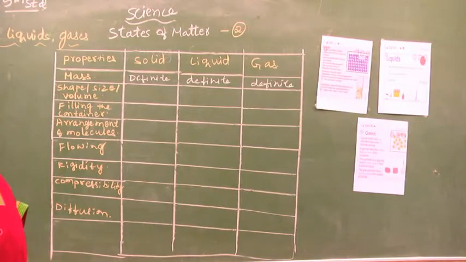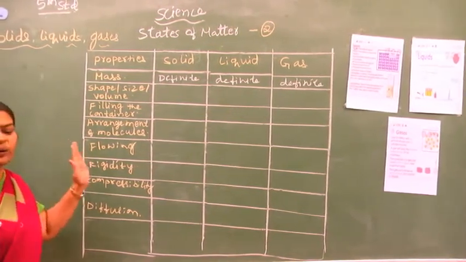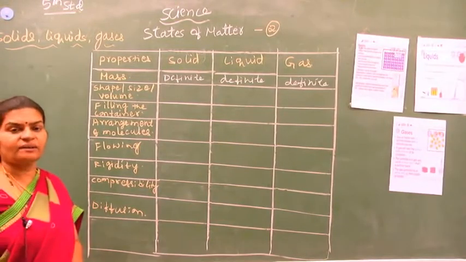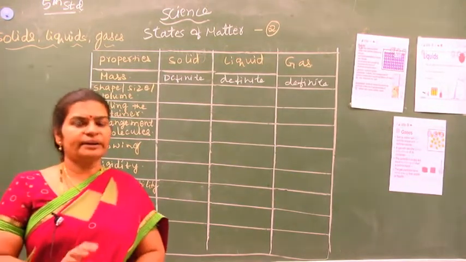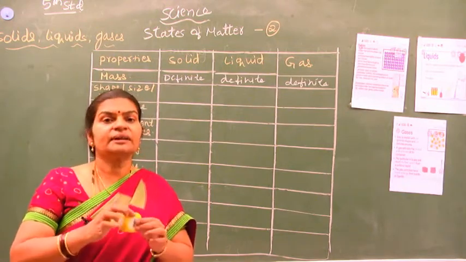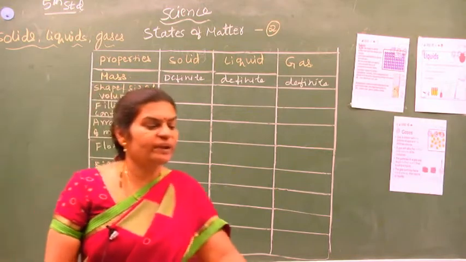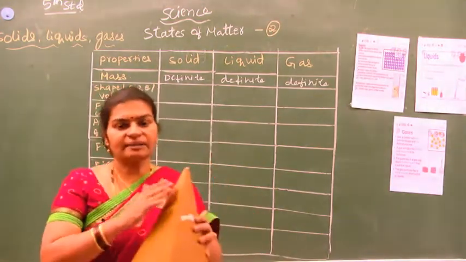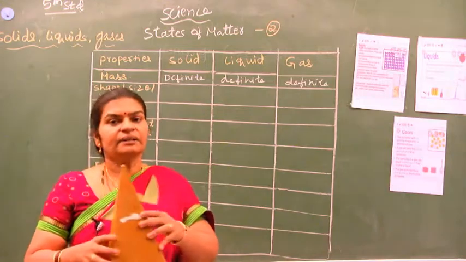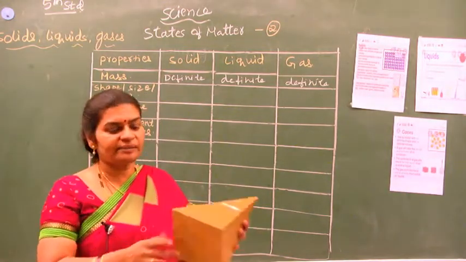Then the next one is about the shape, the size and the volume. When we consider solids, solids have definite shape. So this is the shape of the paper weight. What is the shape? It has a cuboid shape. In the case of the pyramid, all the sides are made up of triangles, and the bottom is made up of a square.